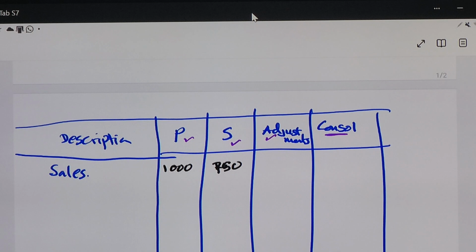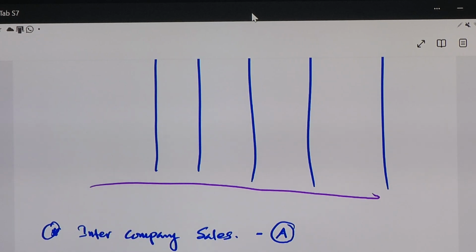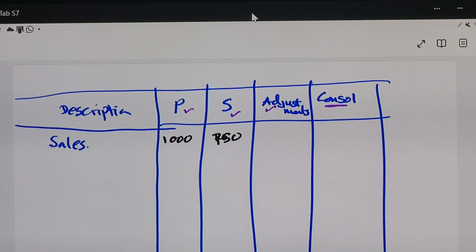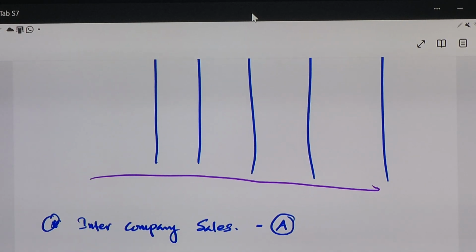So the parent company's total sales are 1,000, the subsidiary's total sales are 750. In this, the subsidiary has made a sale of 100 to the parent, so the sales figure 750 already includes this 100.